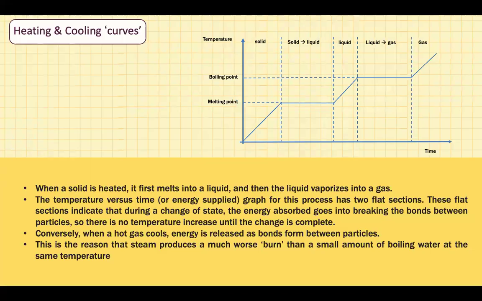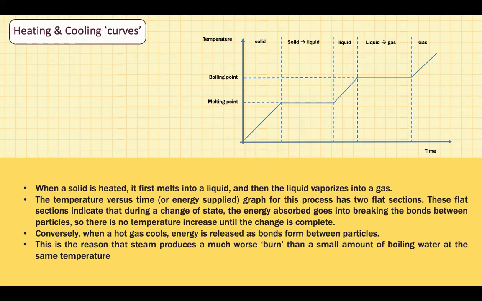Heating and cooling curve. Refer to the graph above. When a solid is heated, it first melts into a liquid, and then the liquid vaporizes into a gas. The temperature versus time or energy supplied graph for this process has two flat sections.